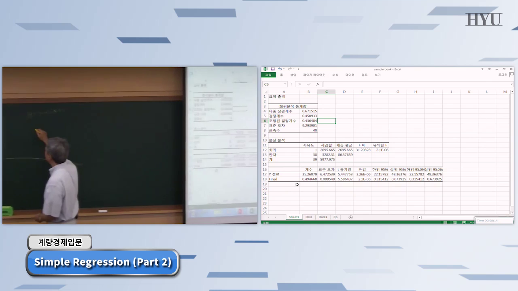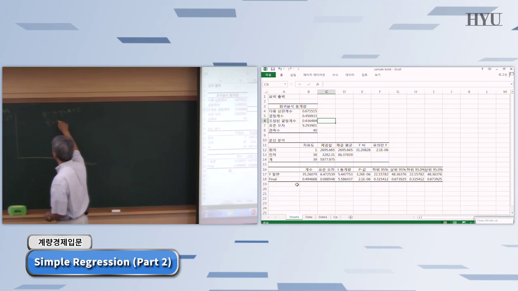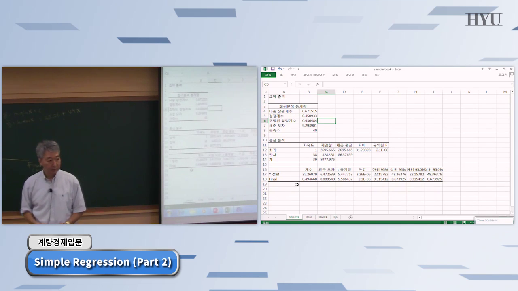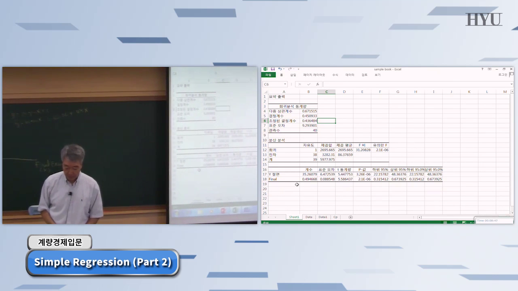And once you estimate it, we have y hat is b0 plus b1x. Of course, once you estimate it, the epsilon, the error term, drops out. And apparently we have 35.26 plus 0.49x.